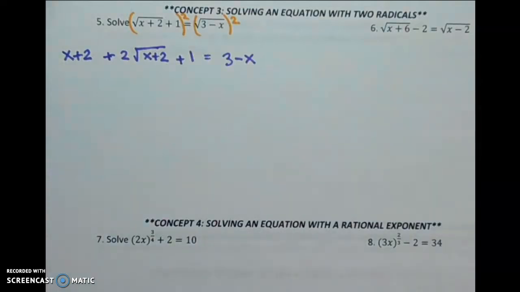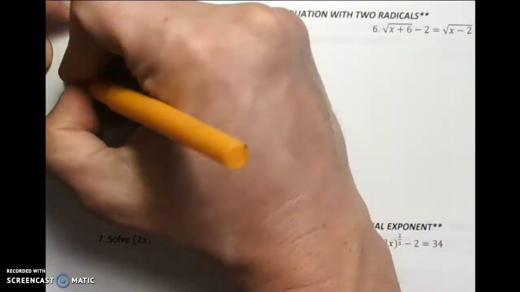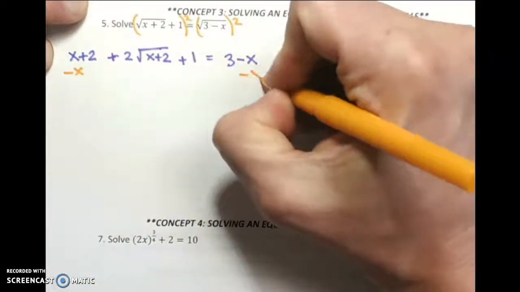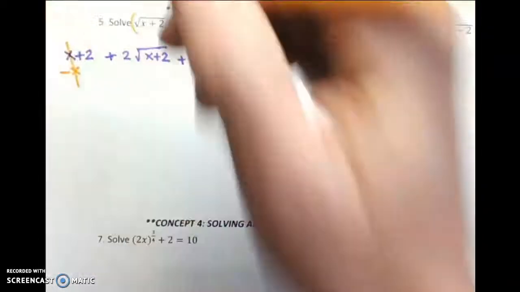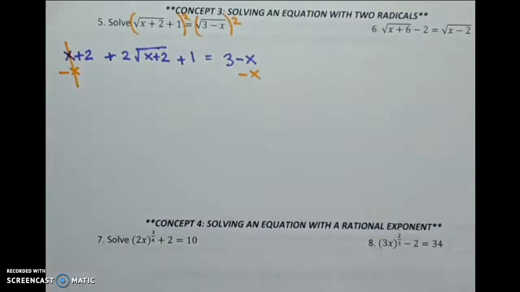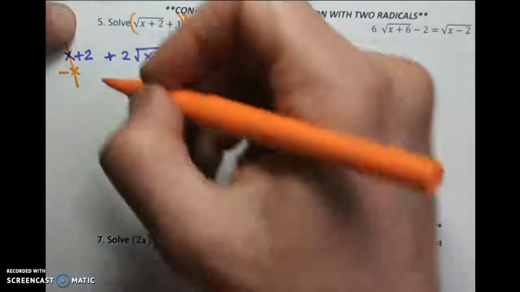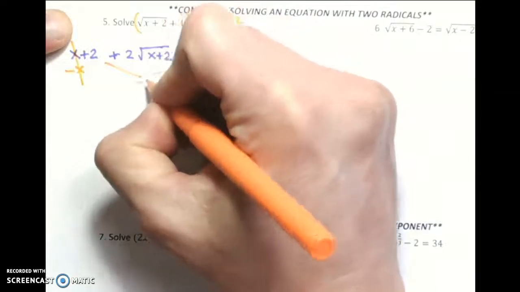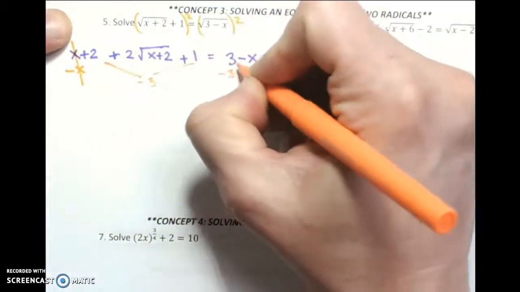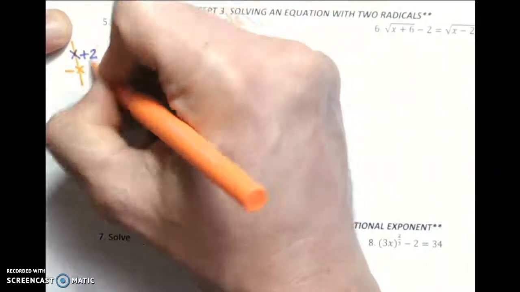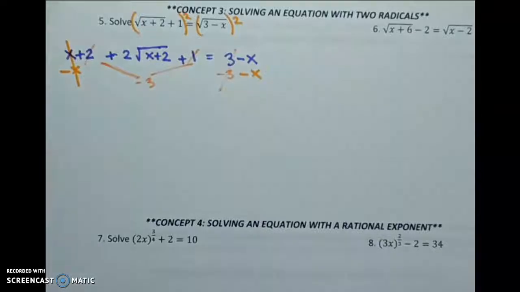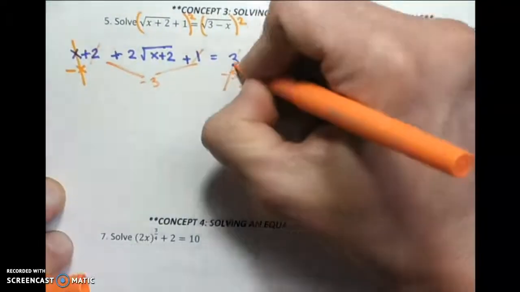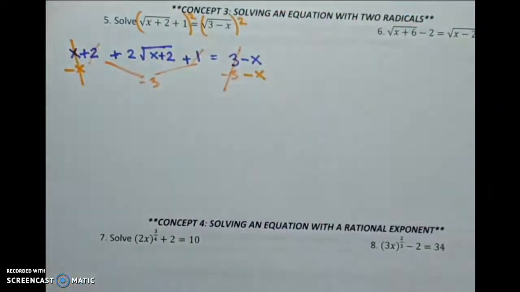Basically what I'm going to do is isolate this radical right here. So I'm going to subtract x from both sides, getting it off of that left-hand side. And then I got 2 plus 1 is 3, so I'm going to combine these and subtract 3 from both sides. And that's going to cancel all of those. Alright, what am I left with?